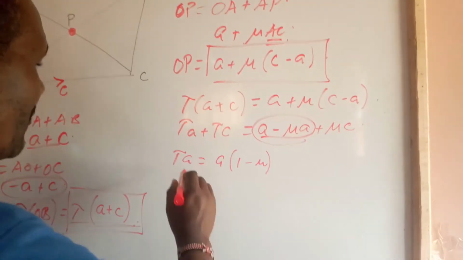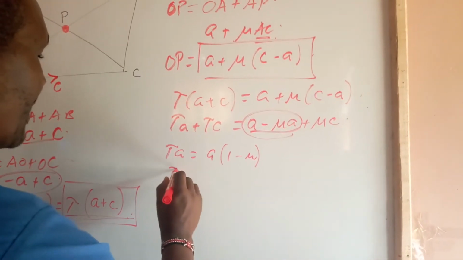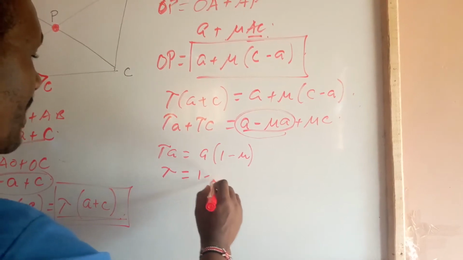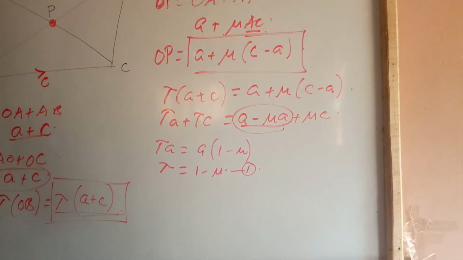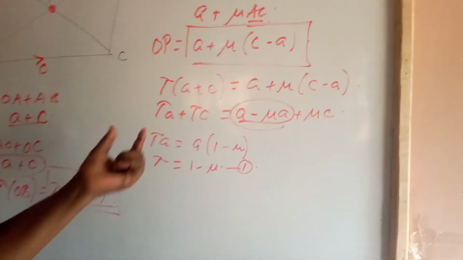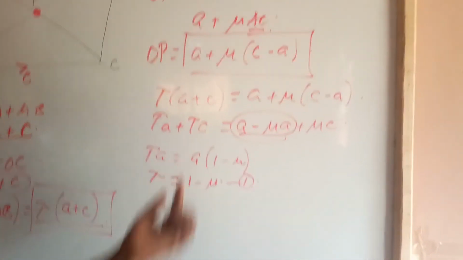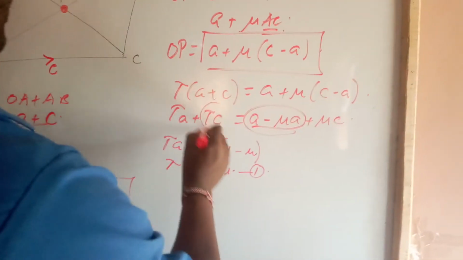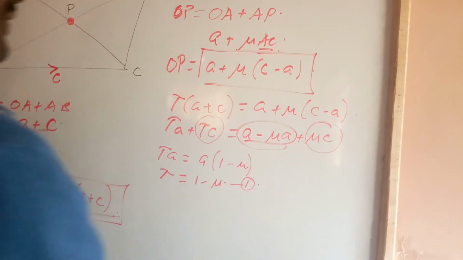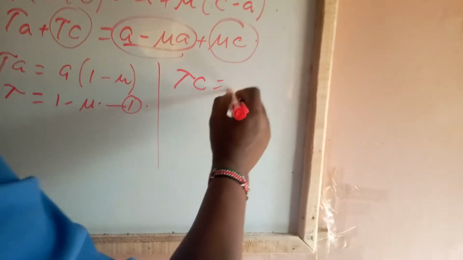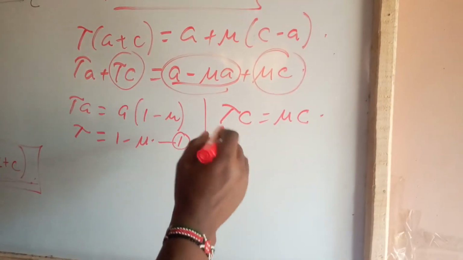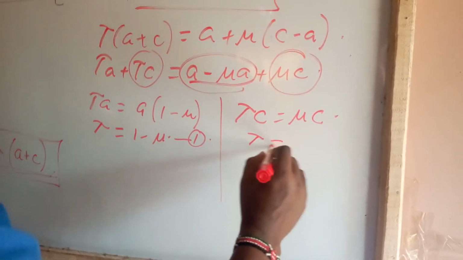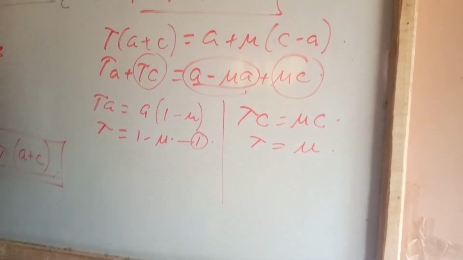This means that if you divide by a on both sides, then lambda equals 1 minus mu. Call it equation 1. We have realized that after comparing all the components of a. Let us go and compare all the components of c. They are very straightforward. We have lambda c equals mu c, and if you divide by c on both sides, then lambda equals mu.